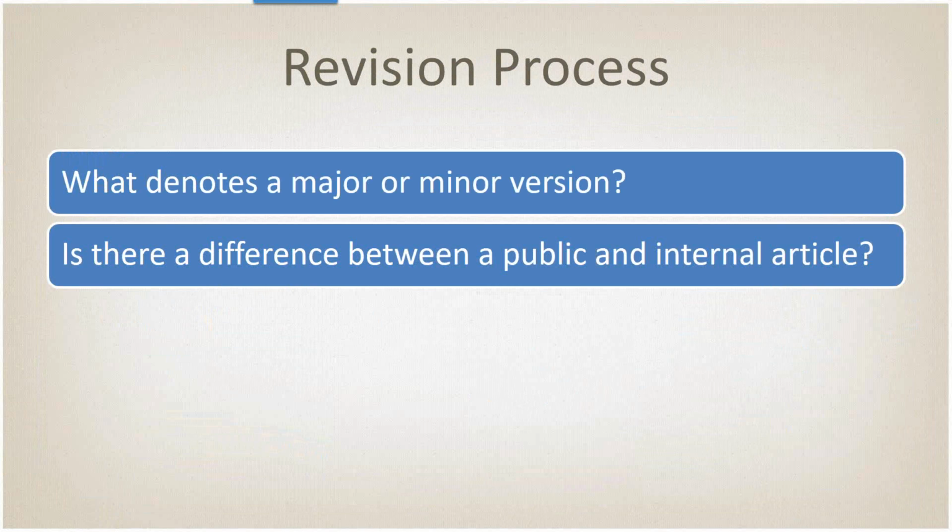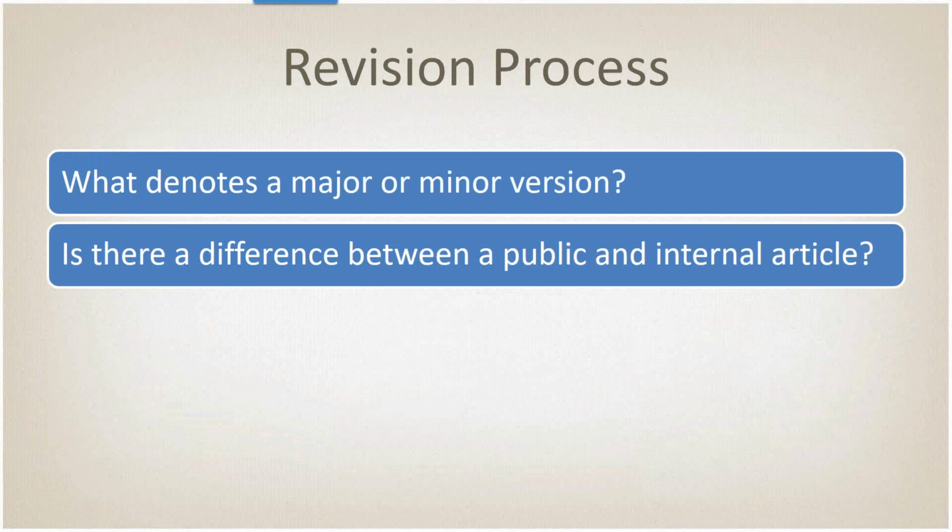The next thing you have to think about is that we have the ability to create major versions and minor versions of an article. What denotes which? Say we stick with Dynamics CRM/365, and we came up with Dynamics 365, which is version 8.2.